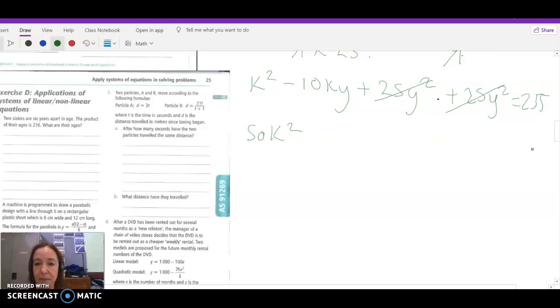I've just written it there. And then I'm going to get my single y's, which is 10ky. And then I am going to just have my constants, which is plus k squared minus 225 equals 0.